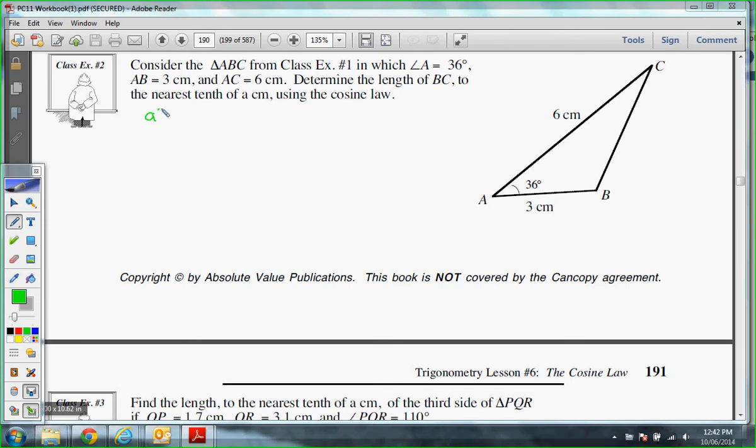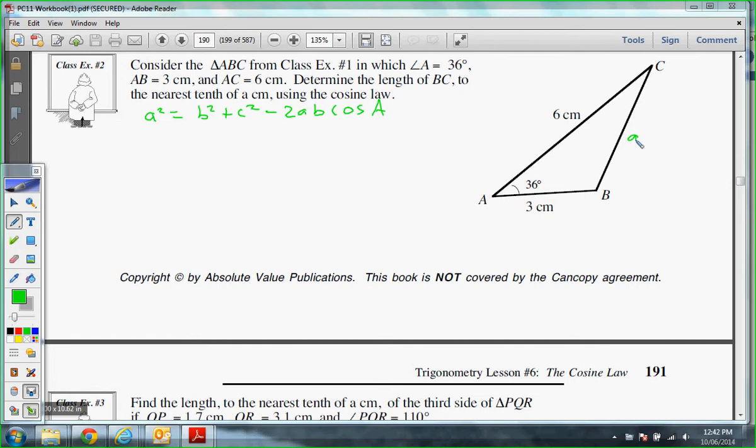So let's write out the formula one more time. So we know it's going to be a squared equals b squared plus c squared minus 2bc cosine of A. So I plug all this stuff in. We don't know little a, but we know everything else.